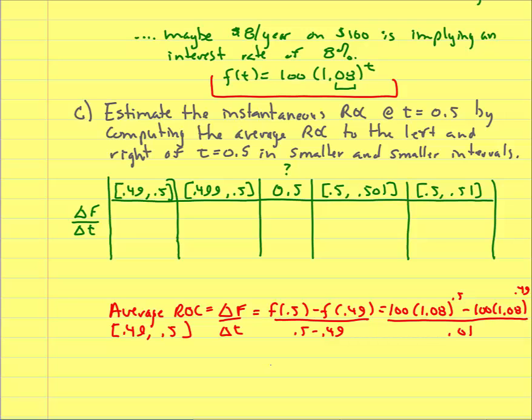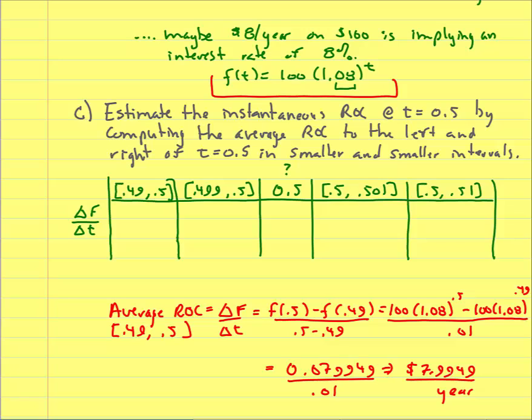So when I simplify this, I end up with 0.079949 all over 0.01. And I recommend you pause the video and double check my math and make sure you understand where all the numbers come from. When we divide this out, I get 7.9949 per year. So that's really close to $8 a year.